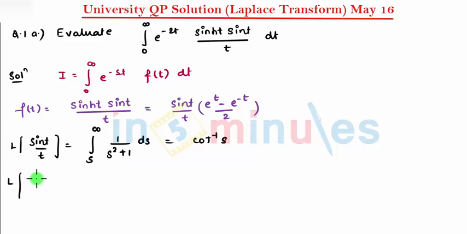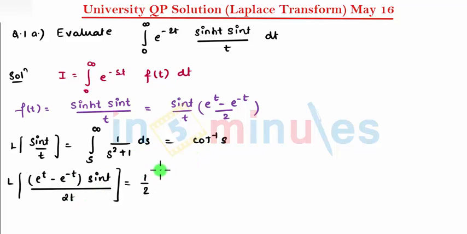Now e raised to t minus e raised to minus t multiplies sin t divided by 2t, so I can say 1 by 2. Then when I divide sin t by t, I have already found that it is cot inverse s. Putting in the effect of e raised to t, that becomes cot inverse of s minus 1 minus cot inverse of s plus 1.